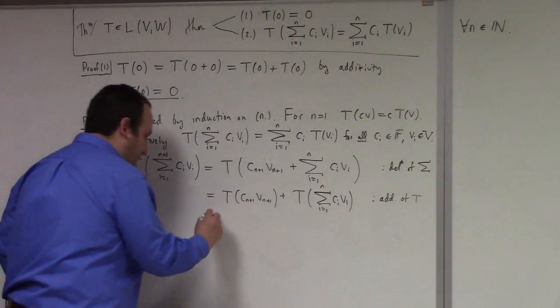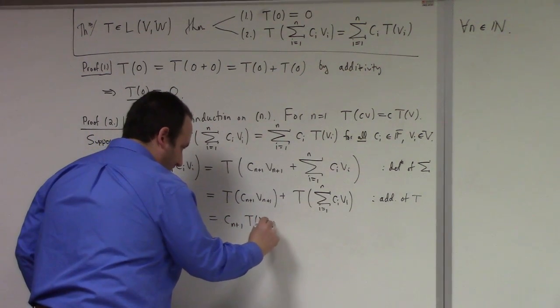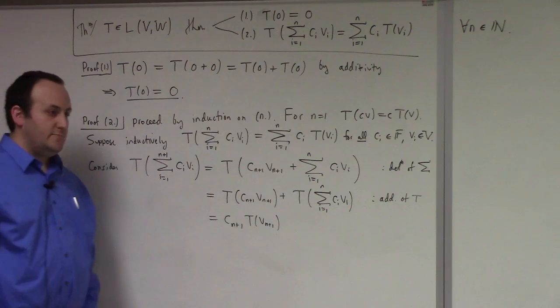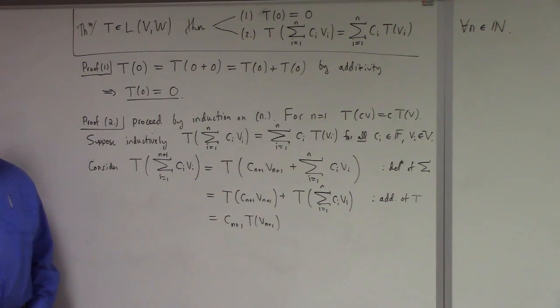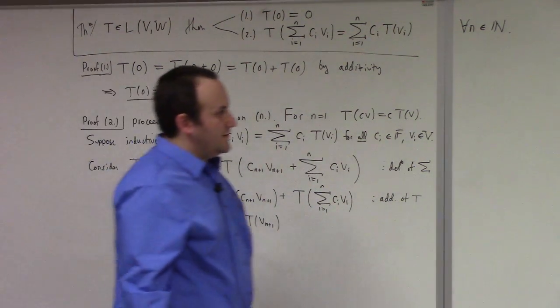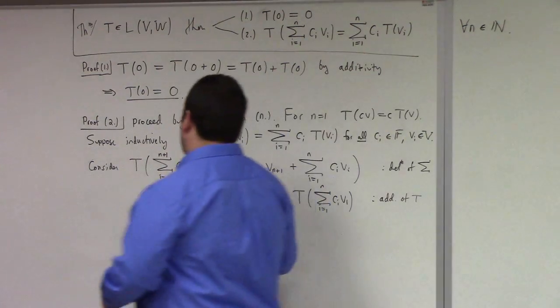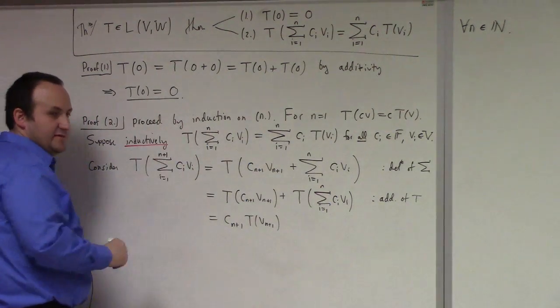Homogeneity on the first term, right? Homogeneity pulls out the c n plus 1. But how about the second piece? What do we get to do there? Right, and why can I do that? Right, that's exactly my induction hypothesis, right?